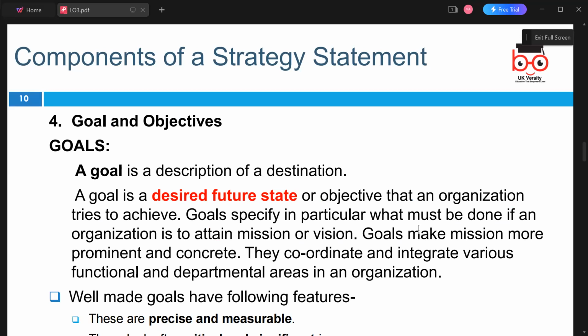And lastly, but not the least, we have goals, which are going to describe the destination. So these are going to be tangible. It shows how our business has operated over the years and how much we have achieved.